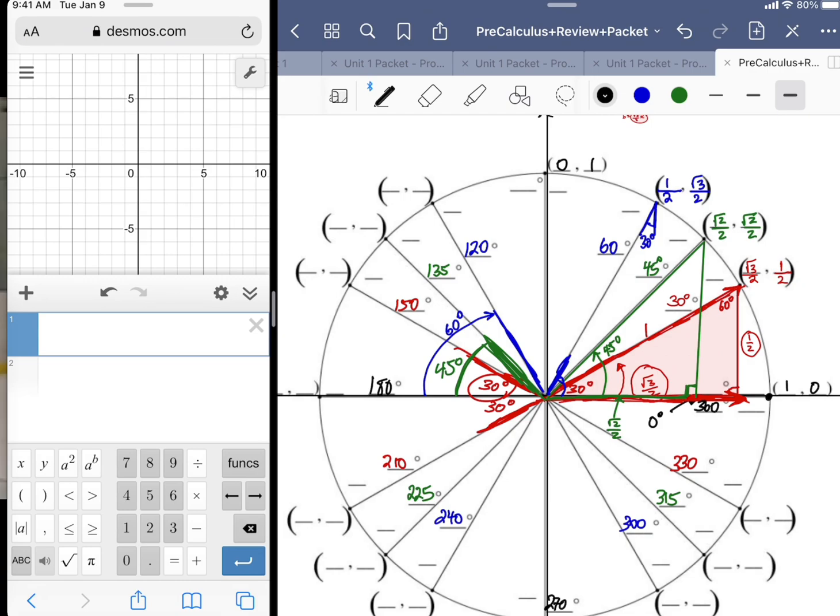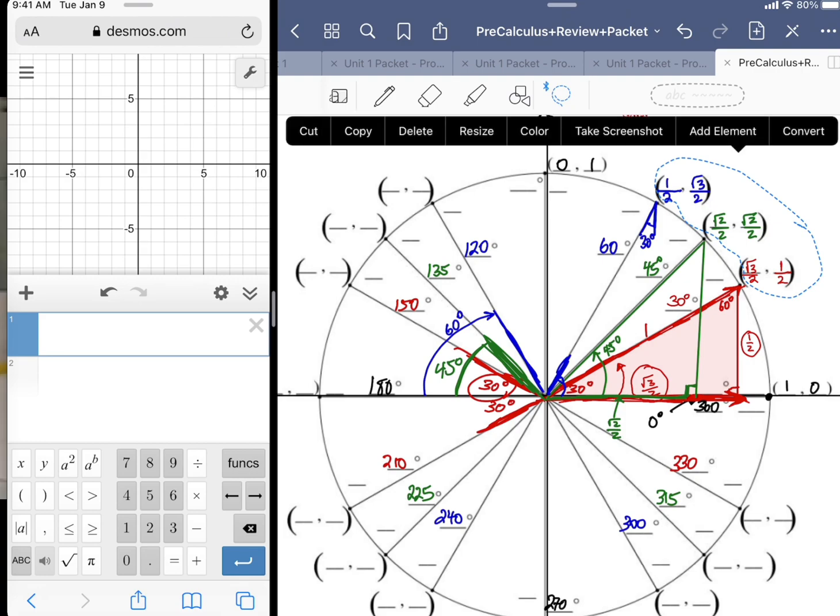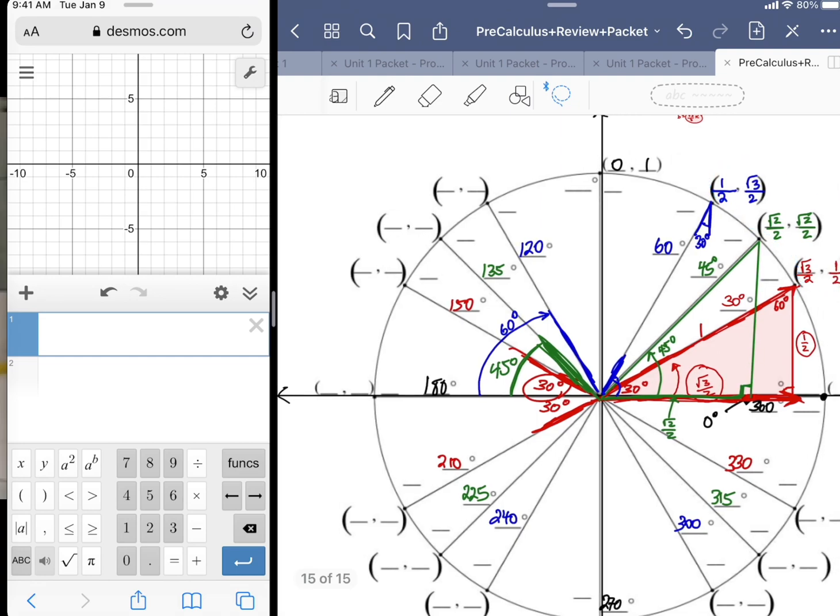All right, so I'm going to take all of these coordinates here, the ones that we invented with painstaking detail. I'm just going to copy them over here, copy, paste. But I'm going to slap a negative onto the x values.